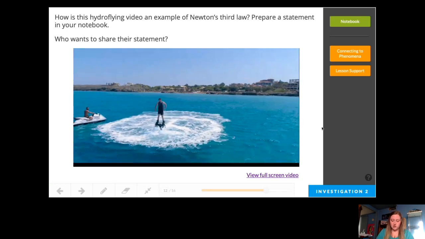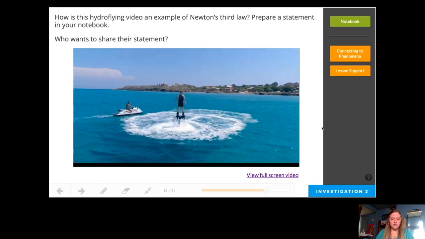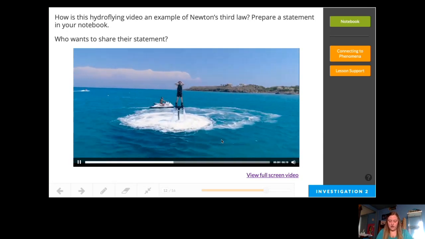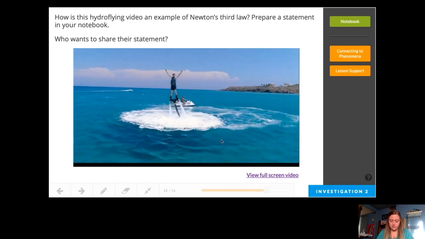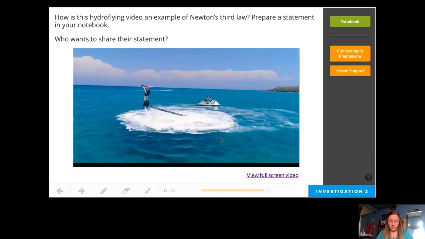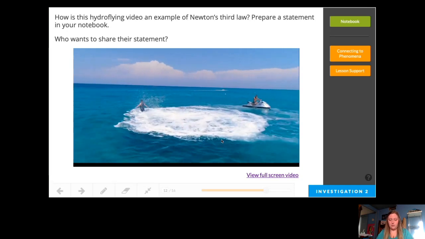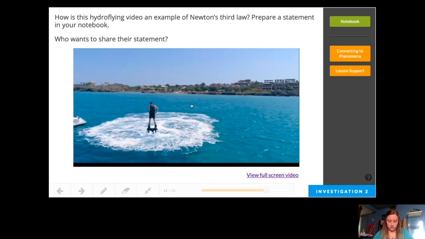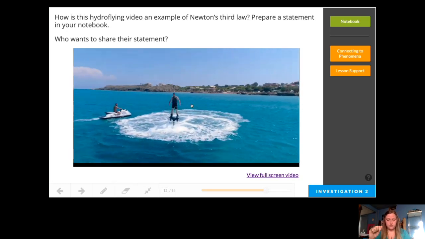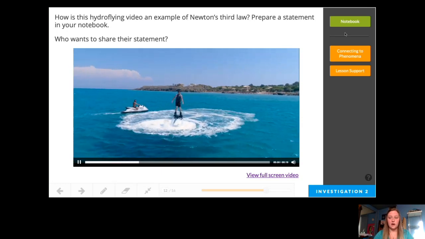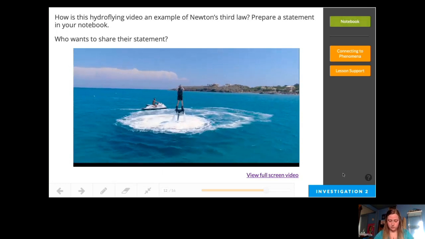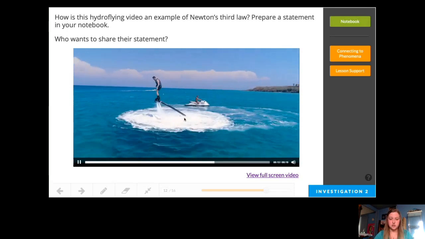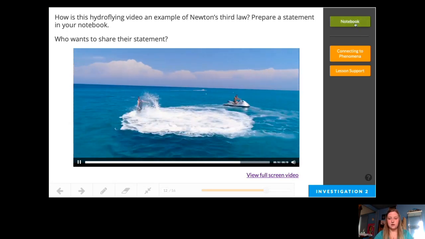The water then exerts a reaction force in the opposite direction on the jetpack, pushing the jetpack and the man upward. That would be our response. So the water exerts its reaction down here, pushing the jetpack and the man upward.